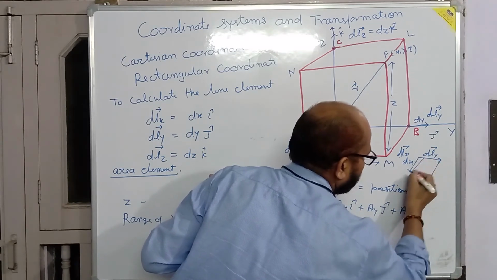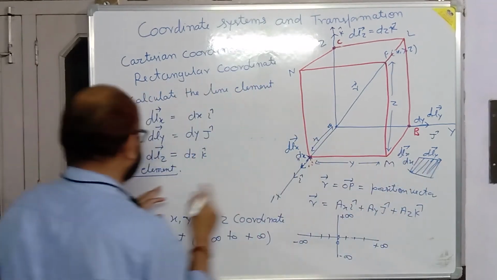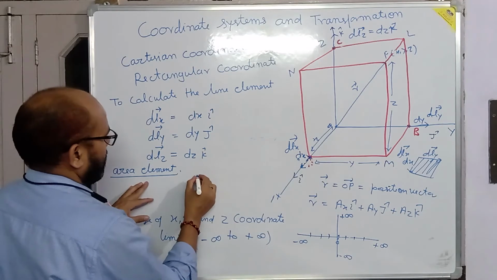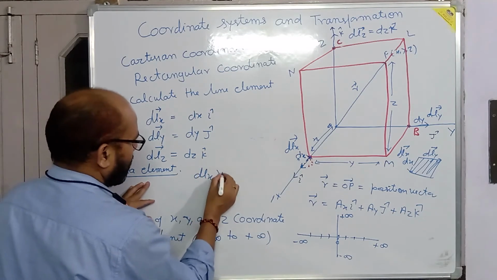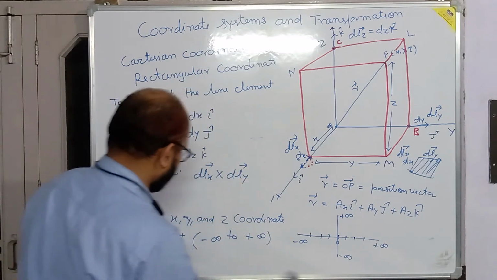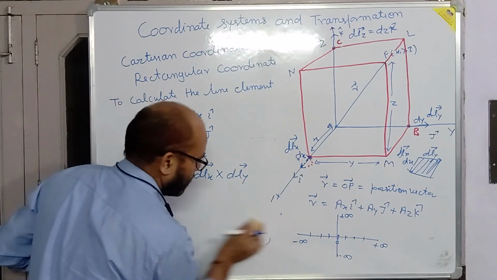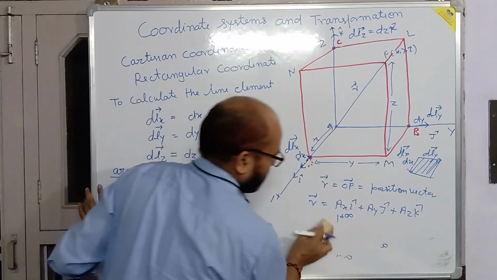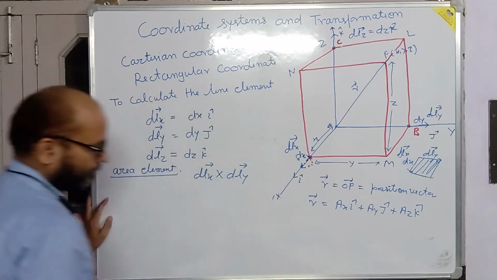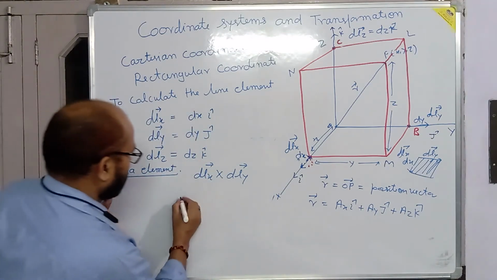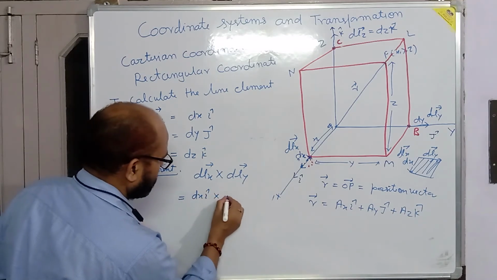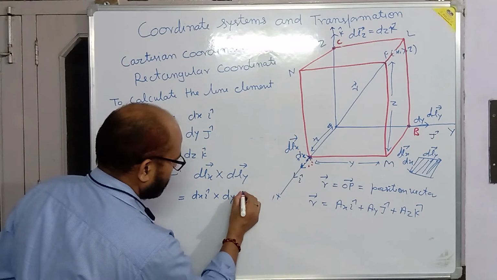This area element equals dlx cross dly. So dlx equals dx i cap cross dy j cap.